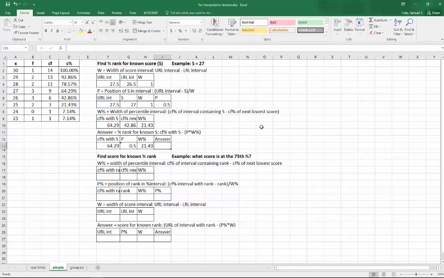So then the answer is equal to the cumulative frequency percentage with the score minus P times W percentage. Okay, so a score of 27 in this data set is at the 53.58th percentile. Right? So a little bit above the median.